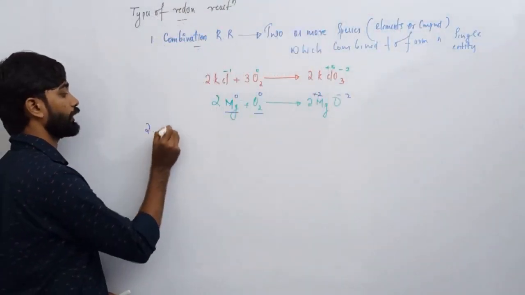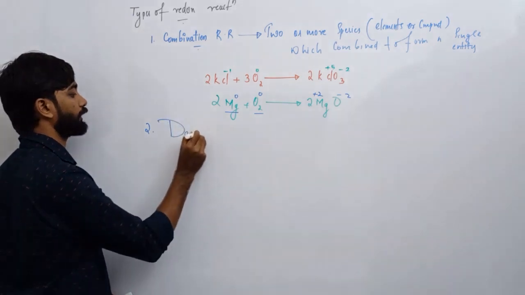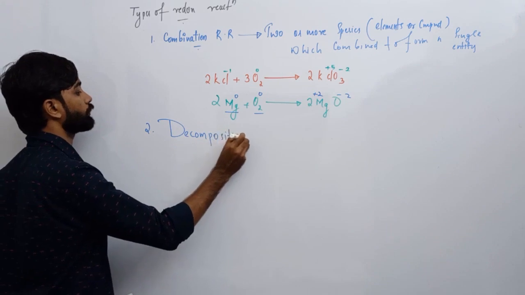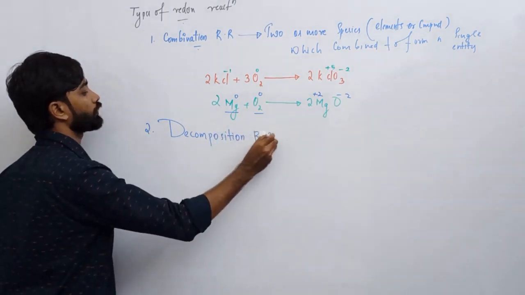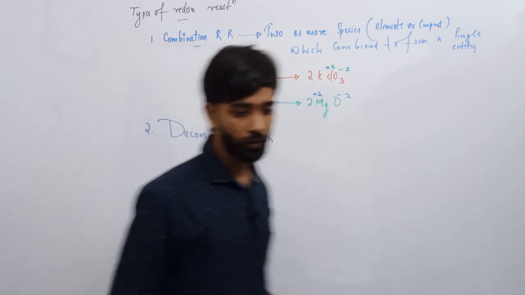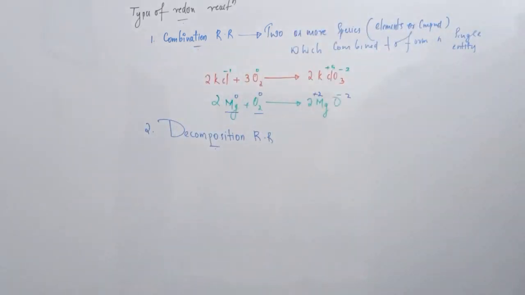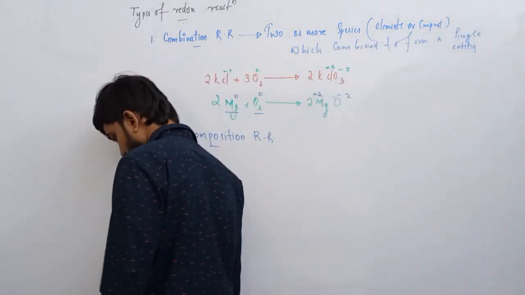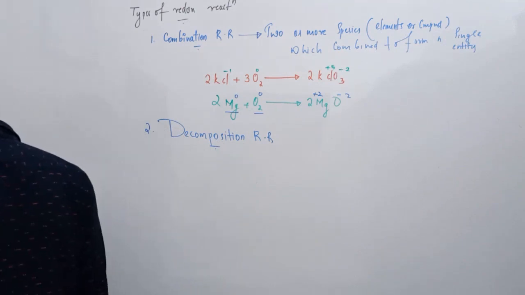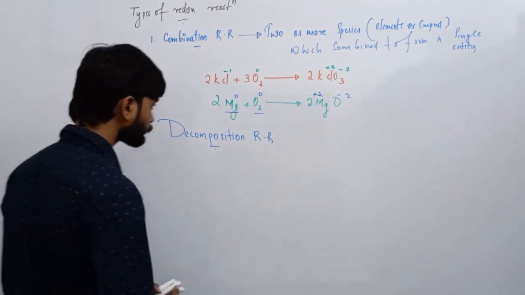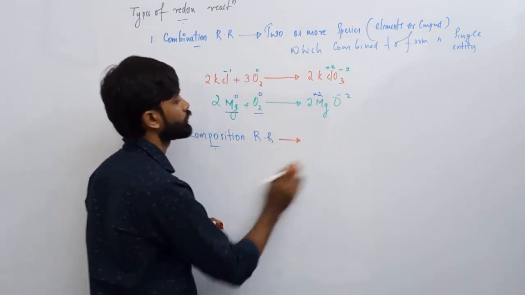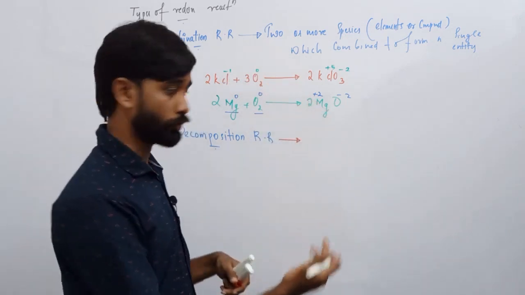The next category is decomposition redox reaction. What do you mean by decomposition redox reaction? This is something opposed to combination. It is decomposed.